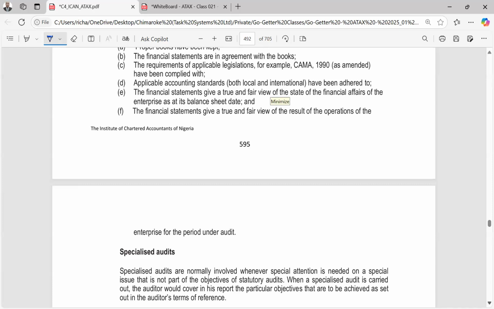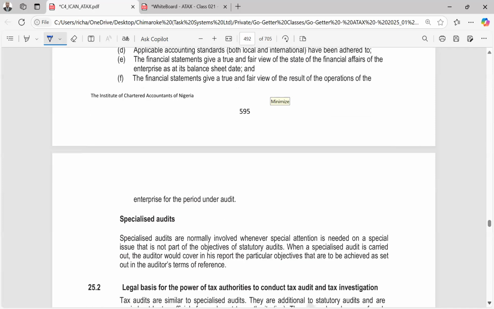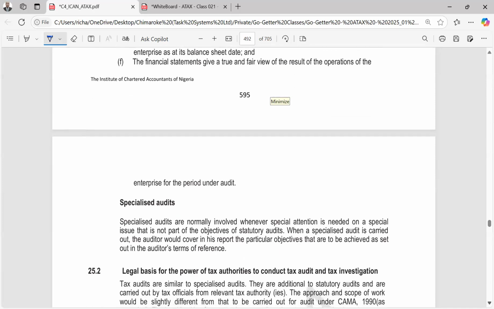Now, we have statutory audits, which is usually done once a year because the costs involved in doing statutory audits are huge. So they are done once a year. But that is not the only kind of audit that is being done. There is something called specialized audits.